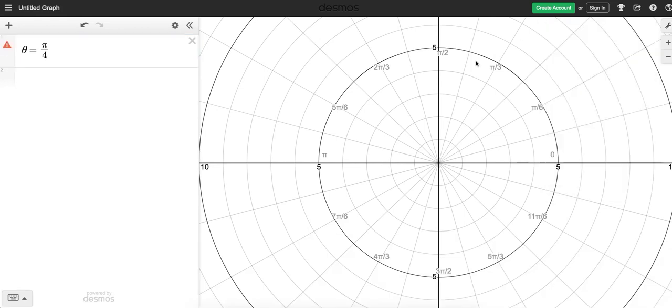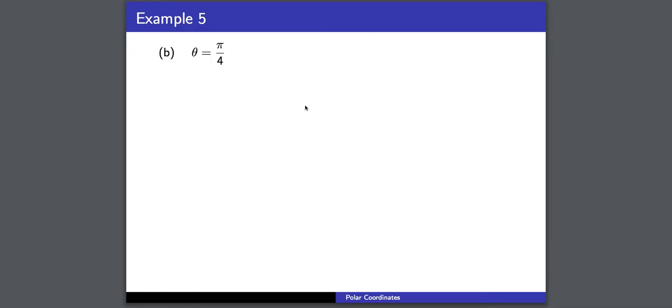I'm not sure. But what we can do instead is, if we have theta equals pi over 4, as I said earlier, the tangent of theta is y over x. So if we take the tangent of both sides, we'll get the tangent of theta is equal to the tangent of pi over 4. Now the tangent of pi over 4 is equal to 1. So we have y over x for the tangent of theta and 1 for the tangent of pi over 4.